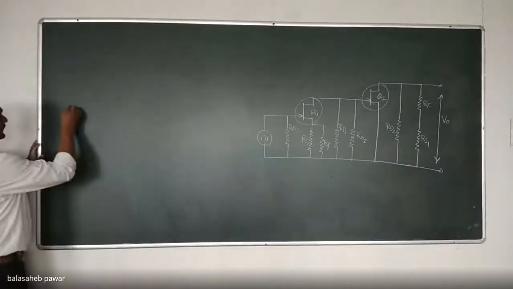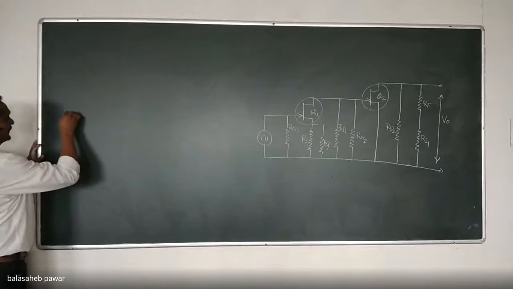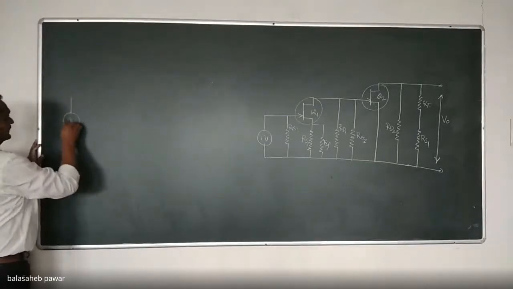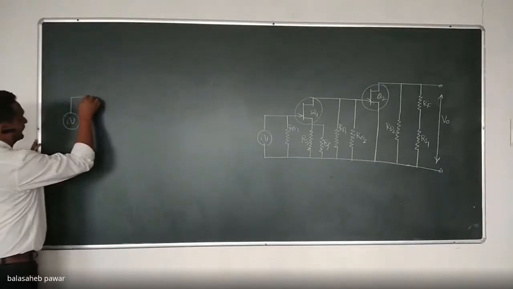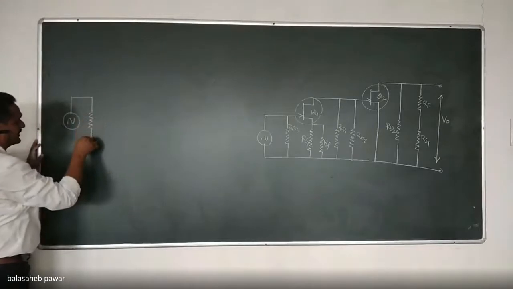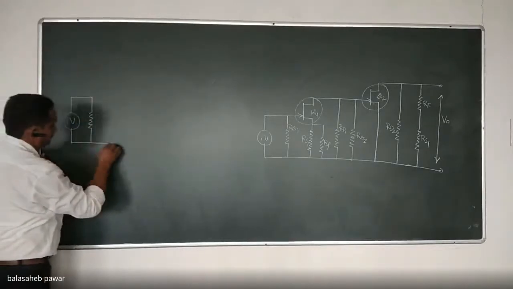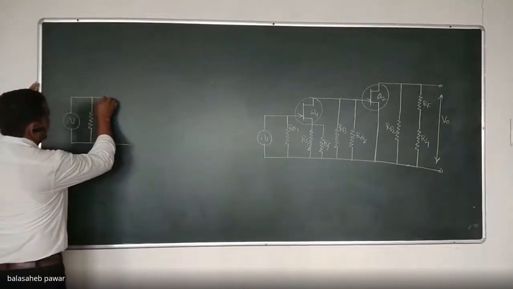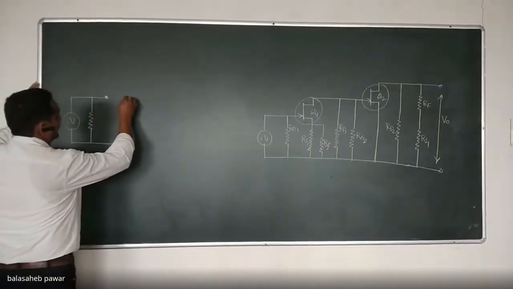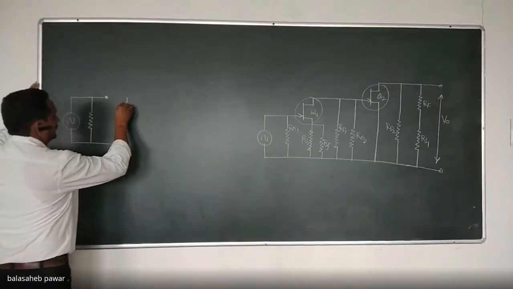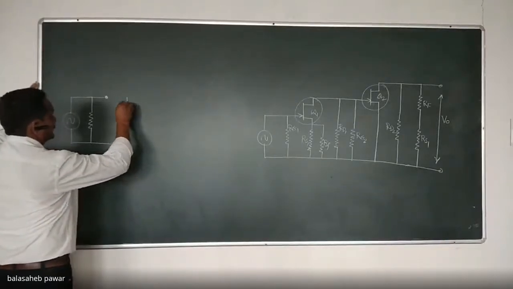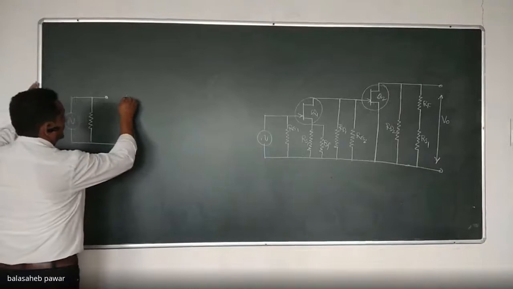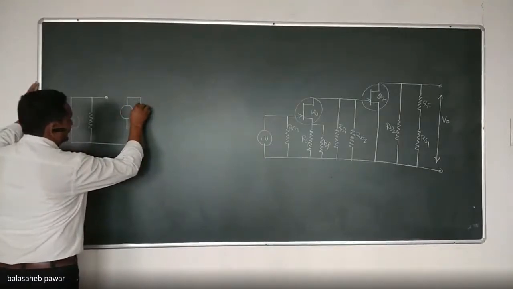So again, I will show the input as it is. Then there is RG1. Now the transistor, this is the gate terminal. On the output side, there is gm into VGS, with its own resistance, small rd, in parallel with it.